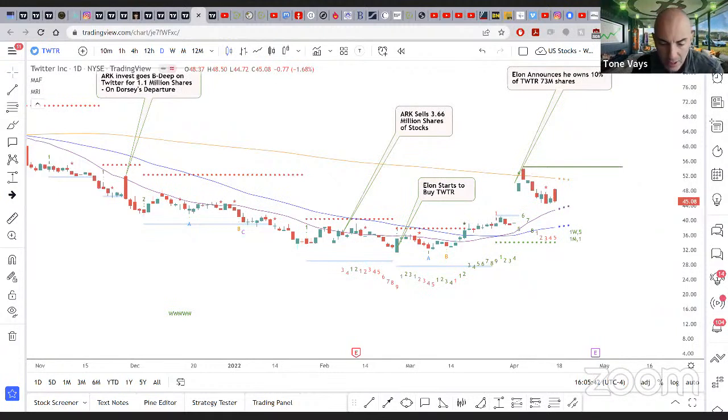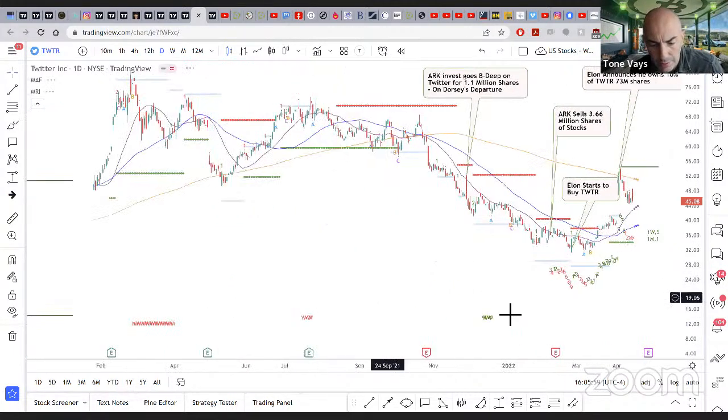So I don't see Elon buying it. I could be wrong. And I think Twitter is going down, especially if Elon sells the stock. So I have a bearish outlook for Twitter.